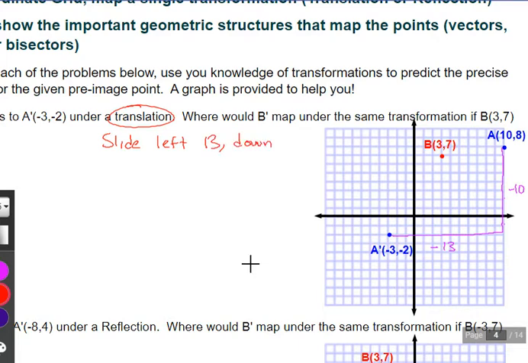Left 13, down 10 means that (x, y) travels to (x - 13, y - 10). Once we have this rule, we can feed it the B point.